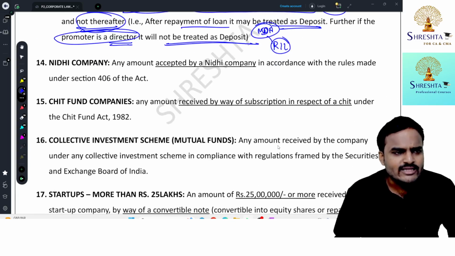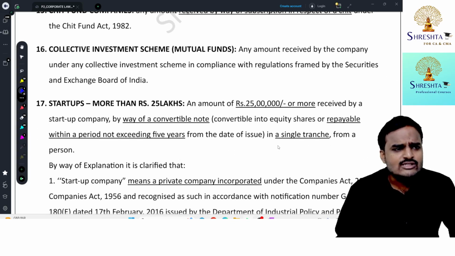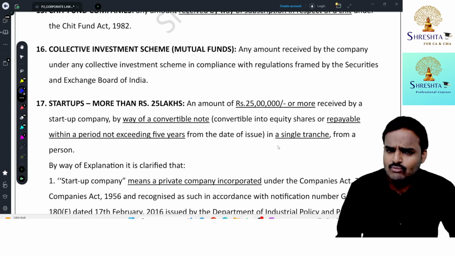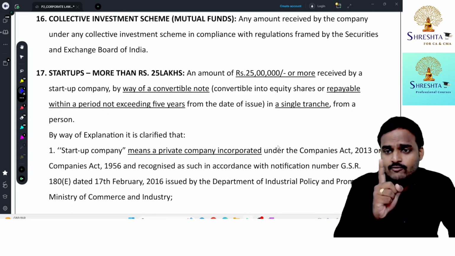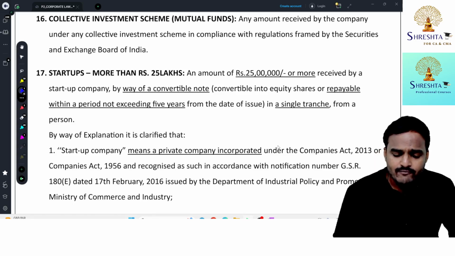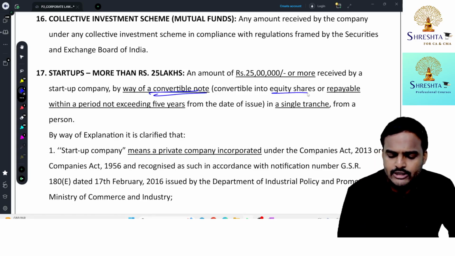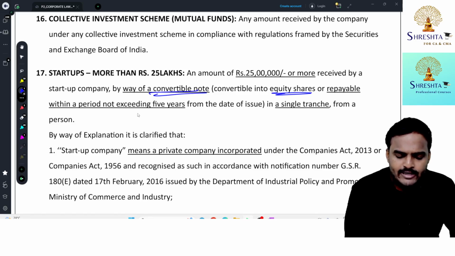Now, amounts received by Nidhi company, not a deposit. Amount received by chit fund companies, not a deposit. Amounts received by company under collective investment scheme, not a deposit. Startup companies, 25 lakhs or more. Remember the words 25 lakhs or more by way of convertible note, convertible into equity shares, repayable within a period not exceeding 5 years. Right now, this time period is increased to 10 years.